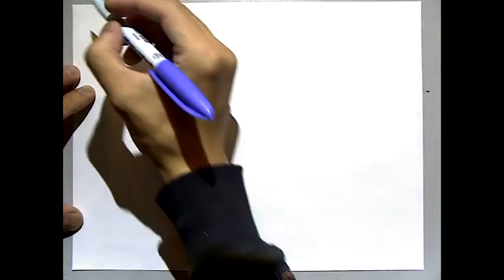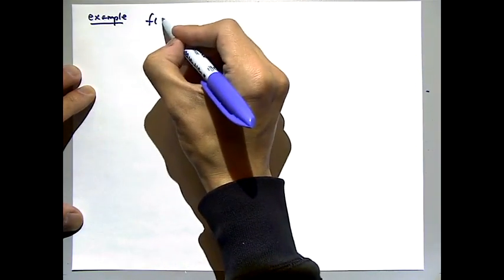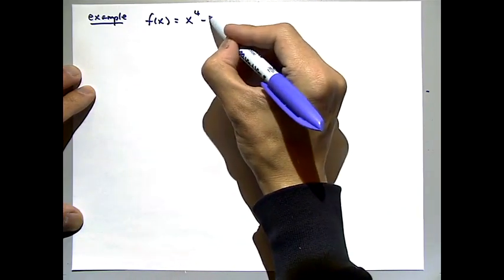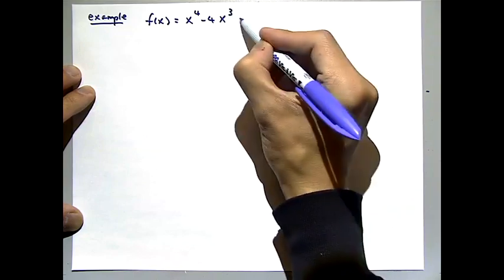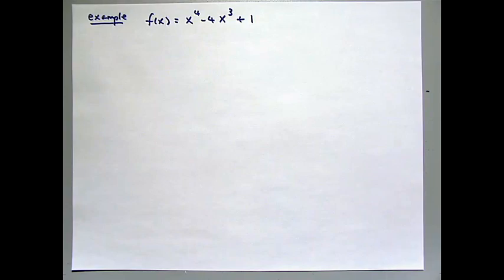Example. f of x equals x to the fourth minus 4x to the third plus 1.